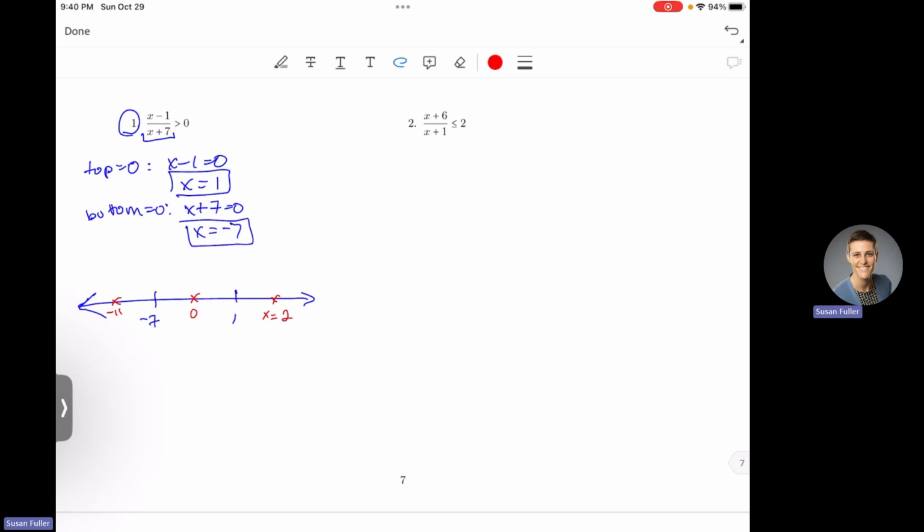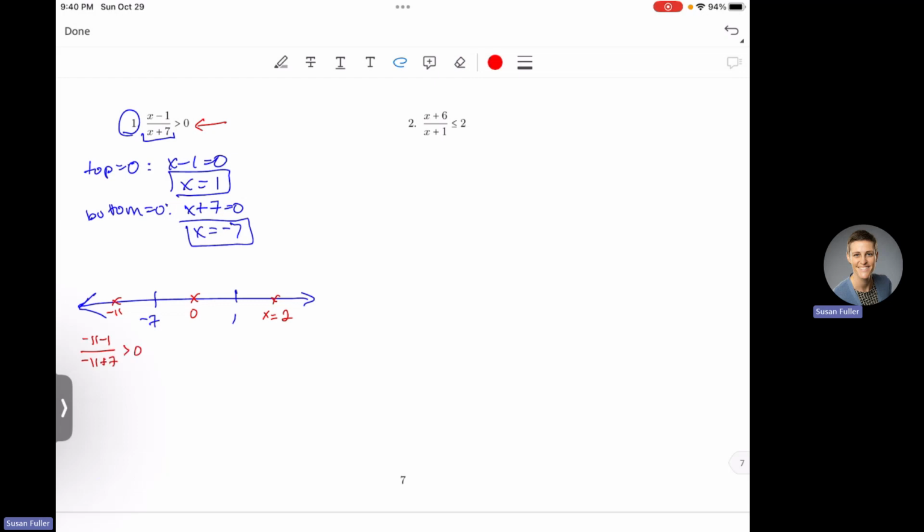And then I'm going to test each of these values in my inequality. I didn't have any simplifying, so I got one inequality. I'm going to plug them in there. So negative 11, I'm going to plug it in everywhere for x. Top and bottom, plug it in everywhere. So I'm going to have negative 11 minus 1 on top and negative 11 plus 7 on the bottom.